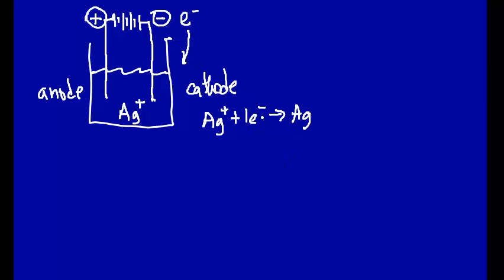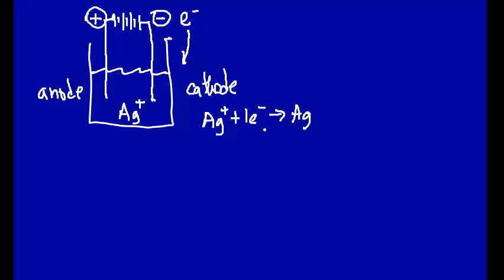If we just pass through here 1 electron, then we will make 1 silver atom. If we pass through a mole of electrons by passing a current over a particular time, then we will make 1 mole of silver.